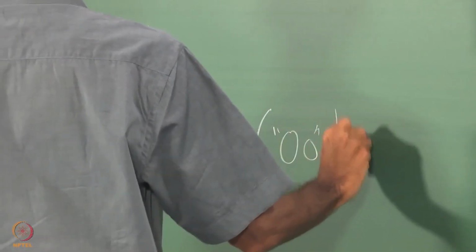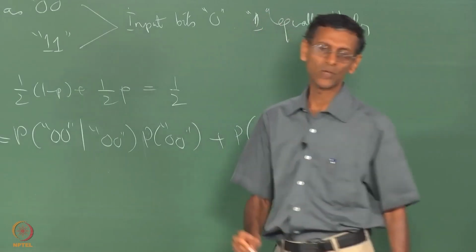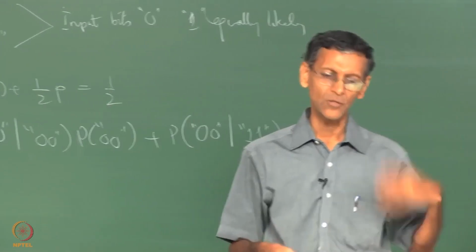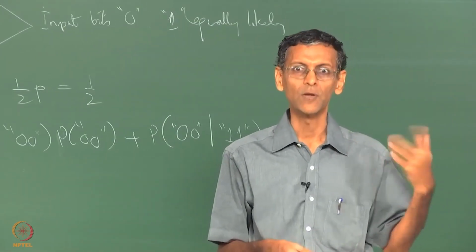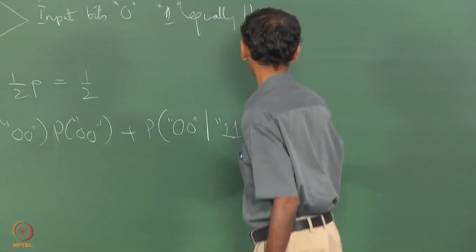You can also get it with 1 if the bit were 1, but you do not have the combination 0 1 or 1 0 at the input, because each bit is being doubled before being sent.